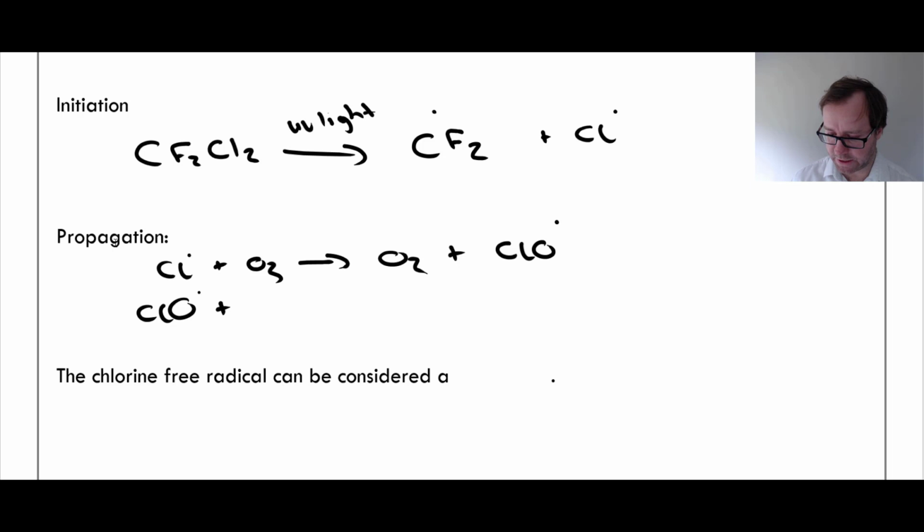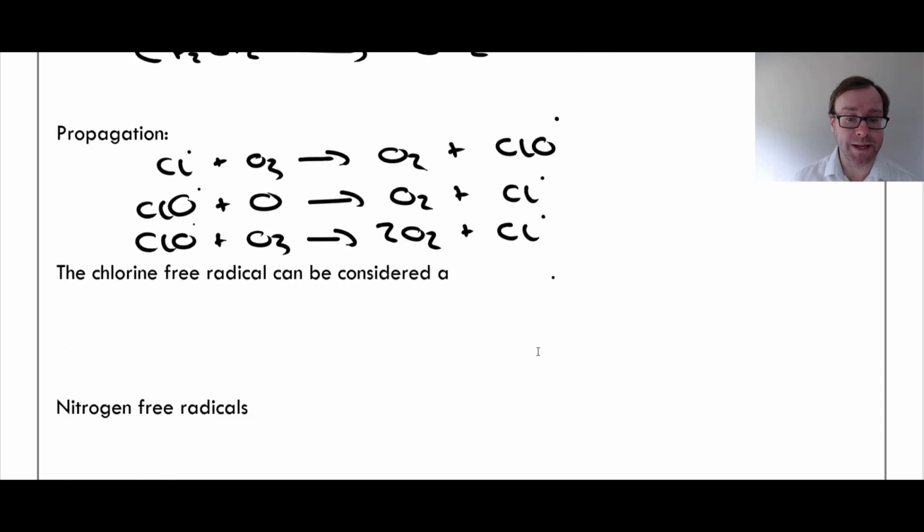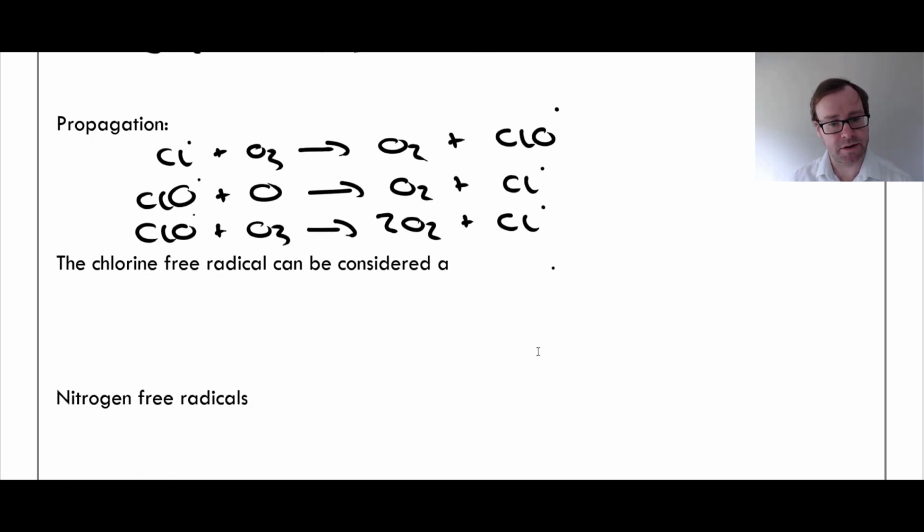My next free radical can react with oxygen to produce O2 and my chlorine free radical, and then maybe another step is that I can take the ClO free radical and react it with O3, and again produce a chlorine free radical. You may notice that the chlorine free radical is at the start and the end of all these steps, so the chlorine free radical can be considered a catalyst.